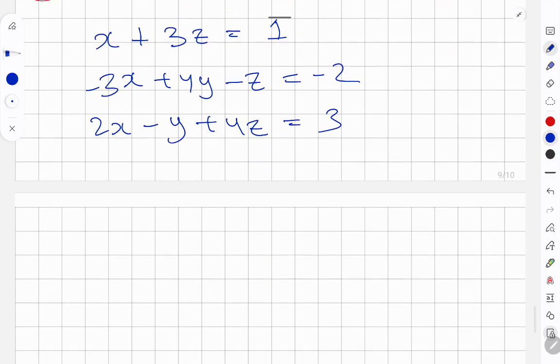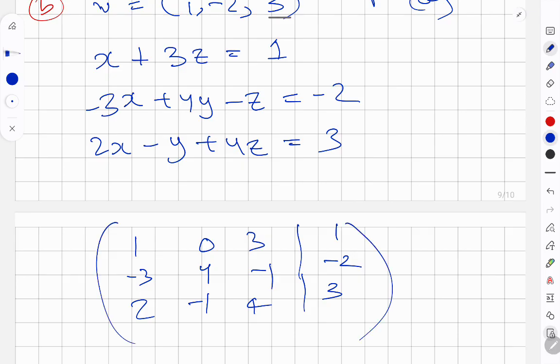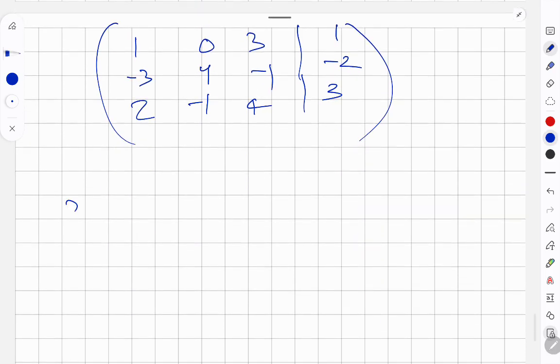So here you will solve it. You just have to find x, y, z. You will do it, I will not do it. I am skipping it because it's again solving the linear equation. Then you will get x, y, z equal to something, maybe a particular solution.